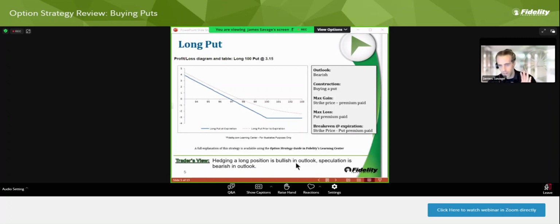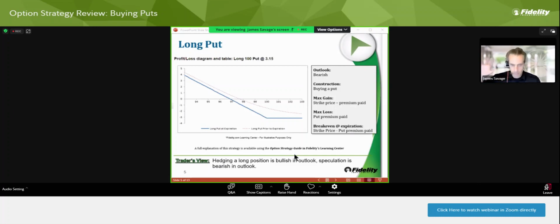And this contrasts with what Chase and I, at least initially, are going to be discussing here. Buying a put as speculation is bearish. So I'll say that once again. Buying a put to hedge is bullish. Buying a put to speculate is what's considered bearish. And there are ways that we can evaluate that in our own account that we'll get to later.